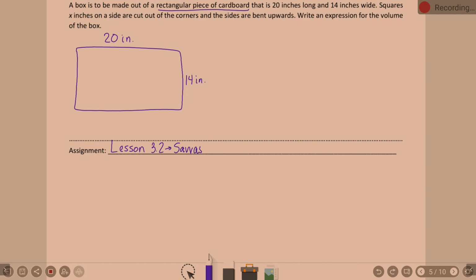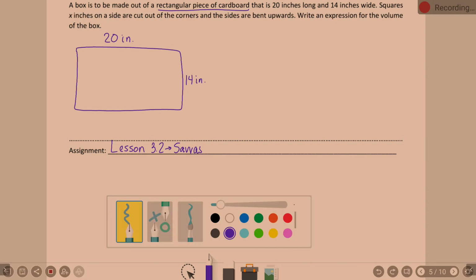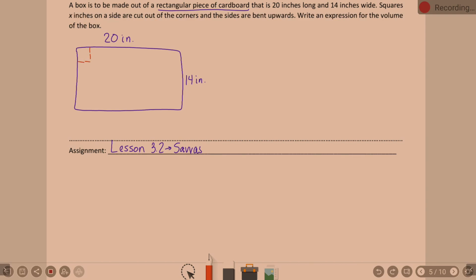They're saying that in each corner, there's a square that is x by x that is cut out, on each of the four corners, x by x.